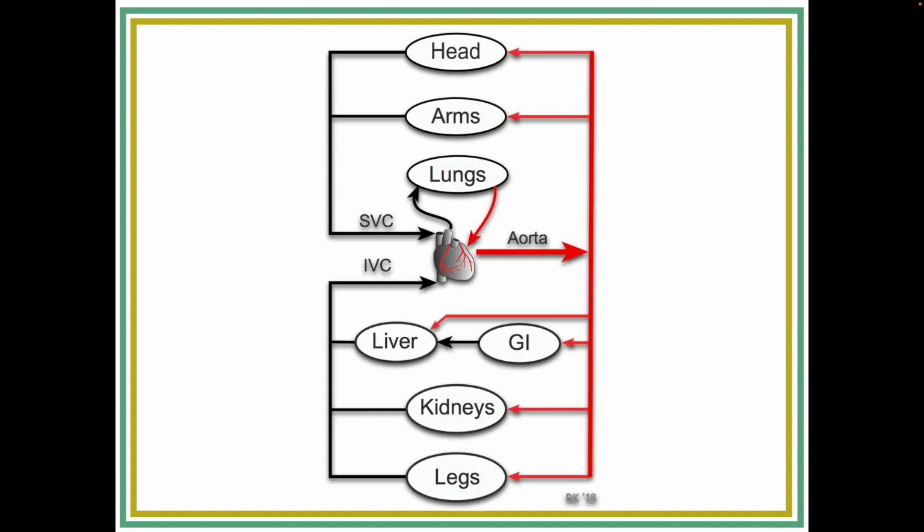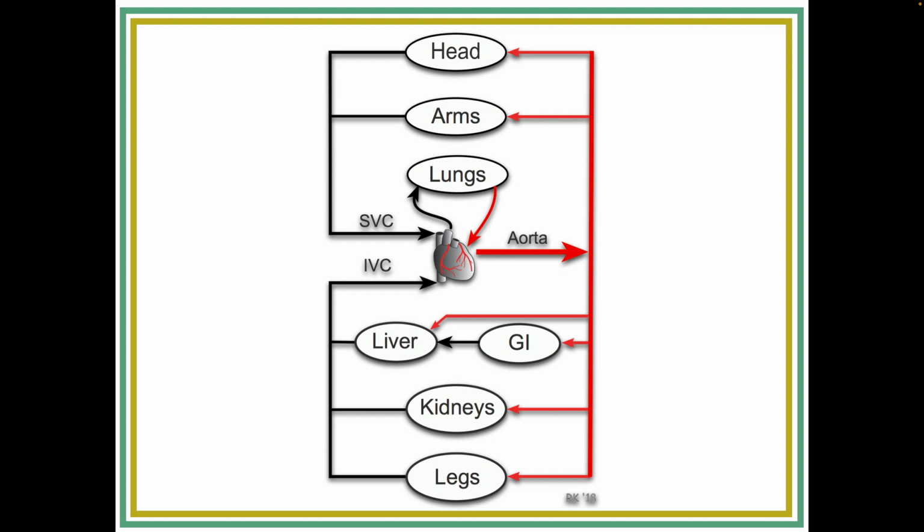As opposed to that, when we're talking about the systemic circulation, now each system is separate. We've got multiple systems, so that once blood leaves the aorta, it could just go to the kidneys and then go back to the heart without going into the legs or the GI tract or whatever, okay?